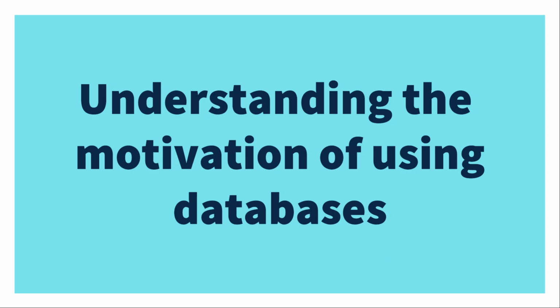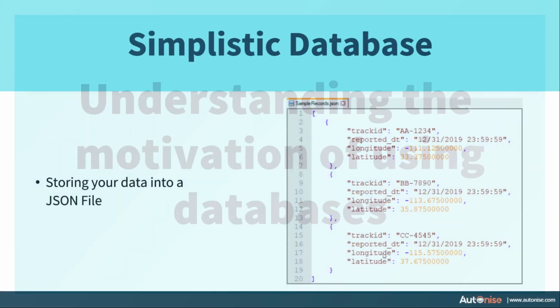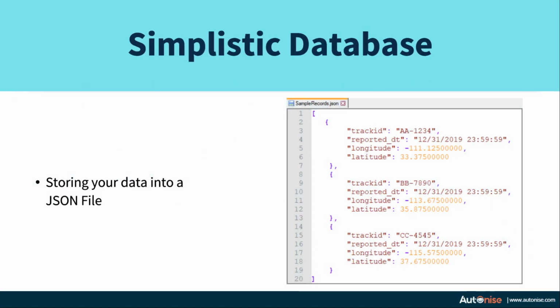Let's see what is the motivation of using these databases or database management systems. From now on, instead of calling them DBMS every time, we'll be calling them databases itself. The very simplistic database that you can think of is storing your data into a JSON file. There are some limitations to this method: you have to read the entire JSON file even if you want to read only one part of the entire file.